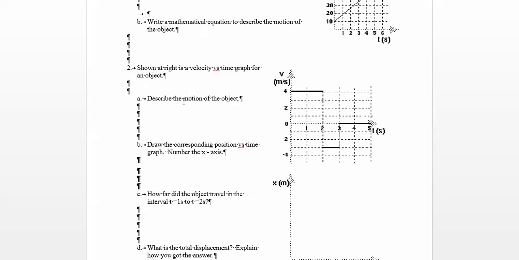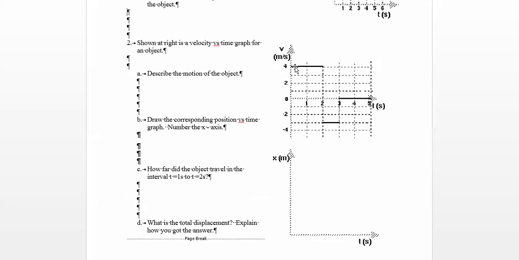Here's a velocity versus time graph, but this is the kind of velocity versus time graph where it's fairly straightforward. Want to know the motion? This one is a positive velocity here, negative velocity, and a 0 velocity. This one actually asks you to draw the position versus time graph. If you worked on the extra credit thing over the weekend, you have lots of practice doing that. How far did the object travel in the interval t equals 1 second to 2 seconds?